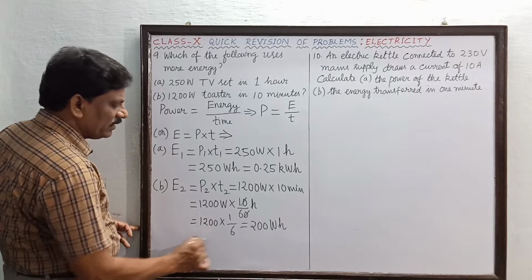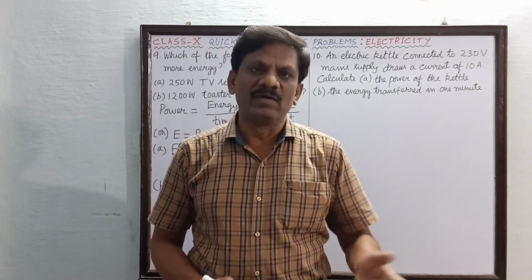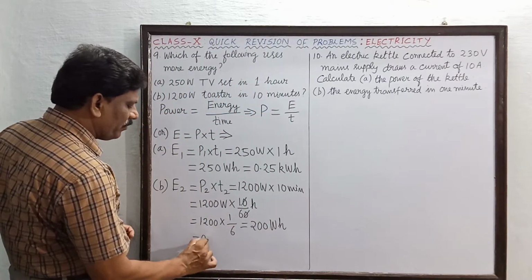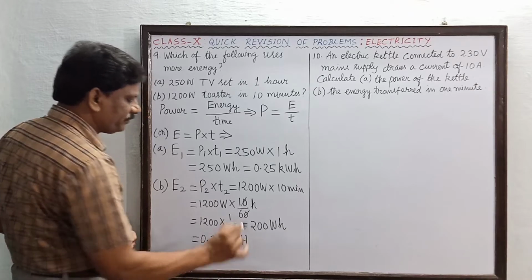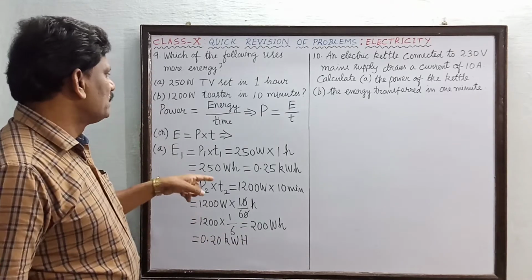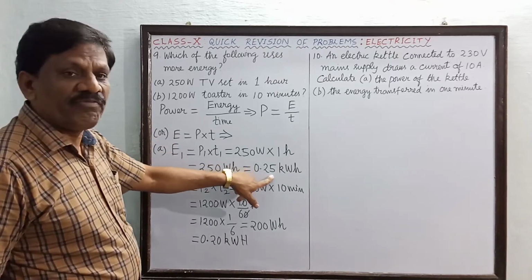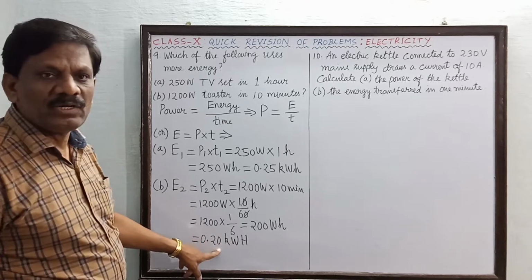Now if you divide this 200 watt hour by 1000, we get kilowatt hour. 200 by 1000 is 0.20 kilowatt hour. So you see that E1 is 0.25, but E2 is 0.20 only.